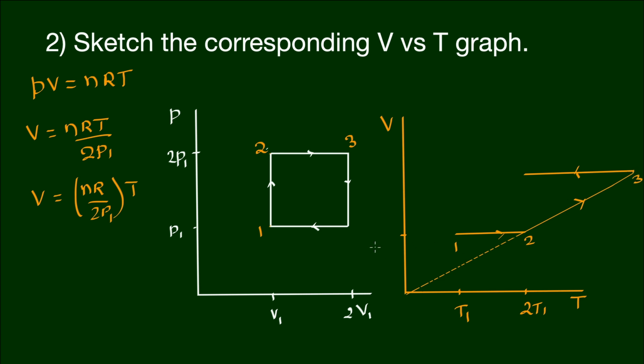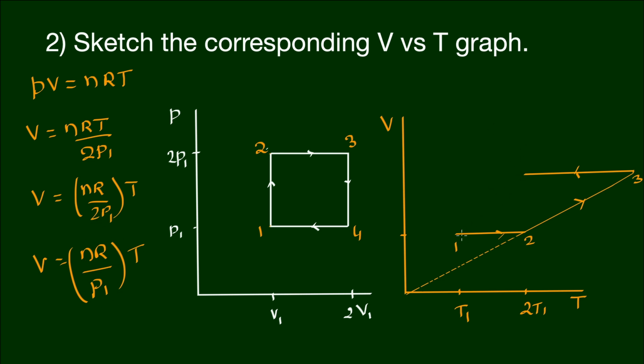We have gone from 3 to 4 and 4 back to 1. We have to go back to 1. What kind of a line is that? Well, from 4 to 1, it's a constant pressure. So again, PV is equal to nRT gives us V is equal to nR by the pressure, which is constant at P1, times T. Again, the equation is y is equal to mx. It's a straight line passing through the origin, but now the denominator P1 is less than 2P1, which means the slope is higher.